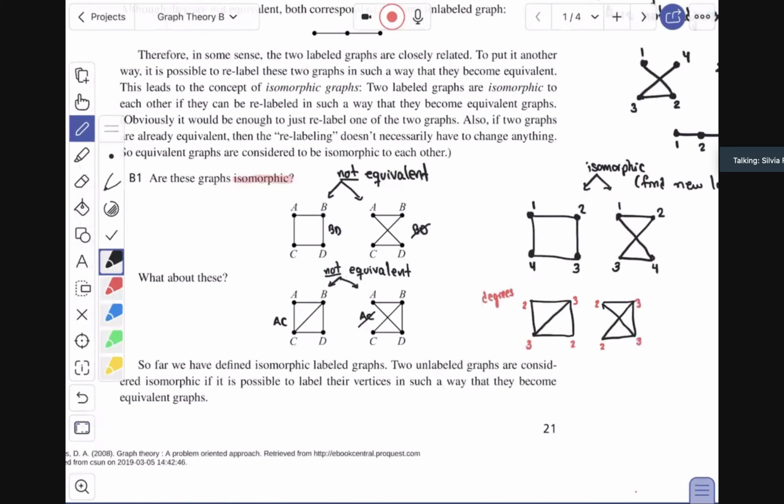So I'll use W, X, Y, Z as my labels. Okay? So I'm going to use W for this one, and I'm going to use X for that one. So this one needs to be W, and there's one of them W, and the other one X. And then I know that W is joined to, let me make this one Y and Z. So it's arbitrary on one side, right, on one graph.